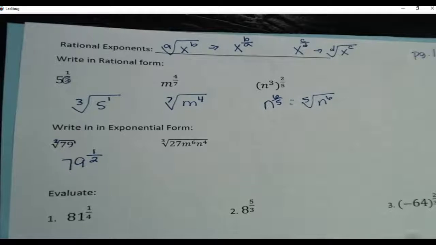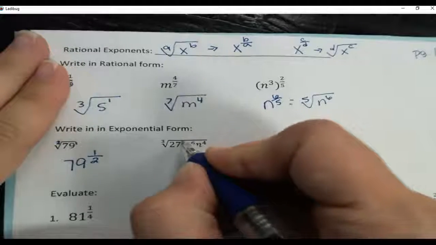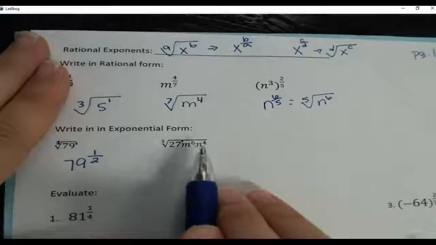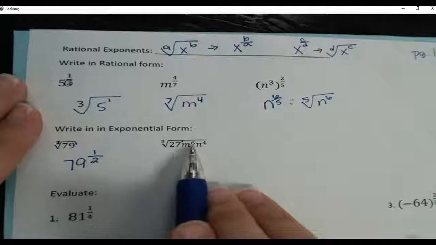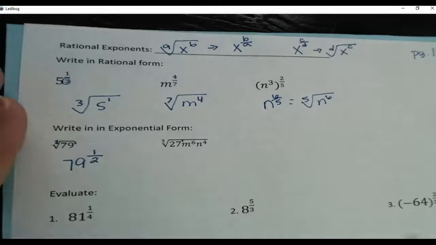Alright, so if we look at whatever number this is, 5, we've got a cube root. But if we look inside, all of these things have different exponents, okay? So the 27 just has a 1, the m has a 6, the n has a 4. So that 3 becomes the denominator to all of those, okay?